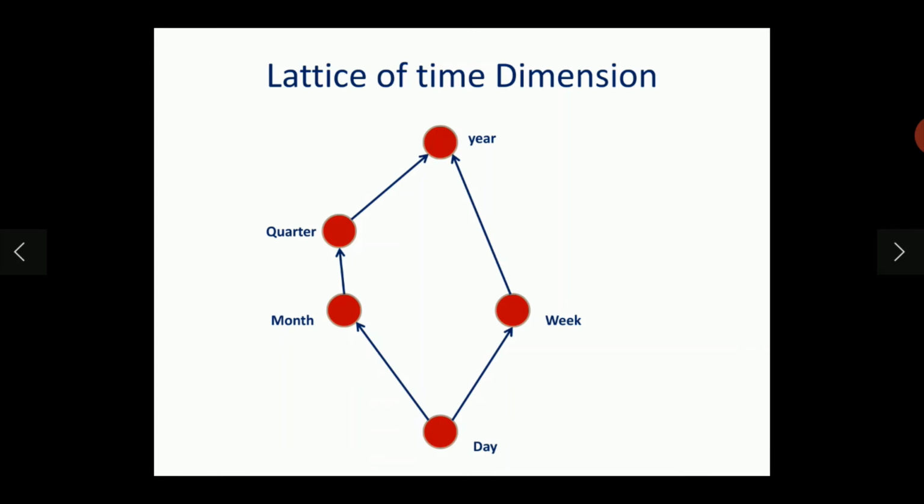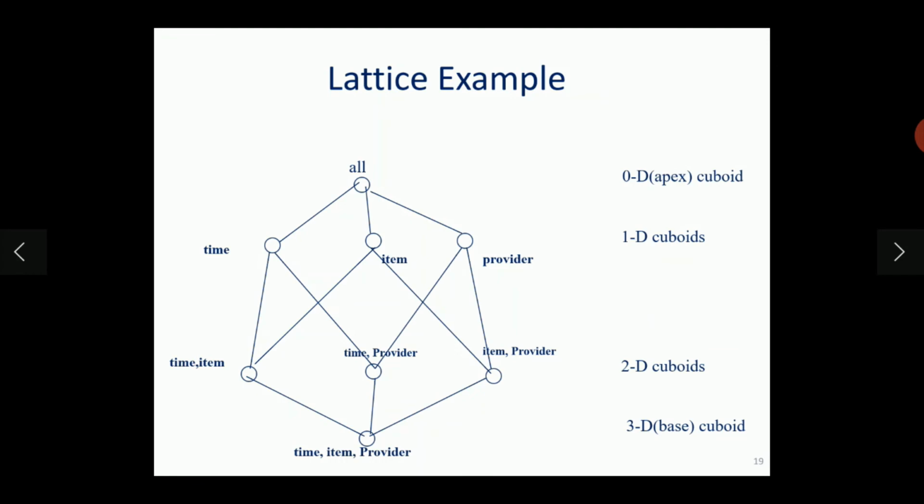Then 4 quarters form a year. Similarly, we can represent the year by using the number of weeks. So we have this lattice where year is at the top or apex of the lattice and day at the bottom. Such a concept hierarchy is useful in the case of OLAP.